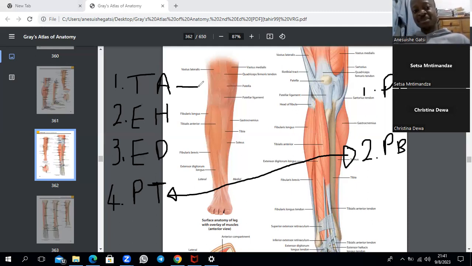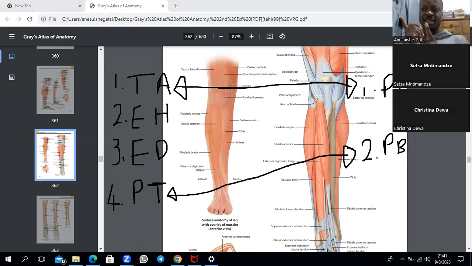Tibialis anterior is the same insertion as peroneus longus. So if you are smart enough to realize, before I go to the picture, tibialis anterior is on the medial side. Peroneus longus is on the lateral.